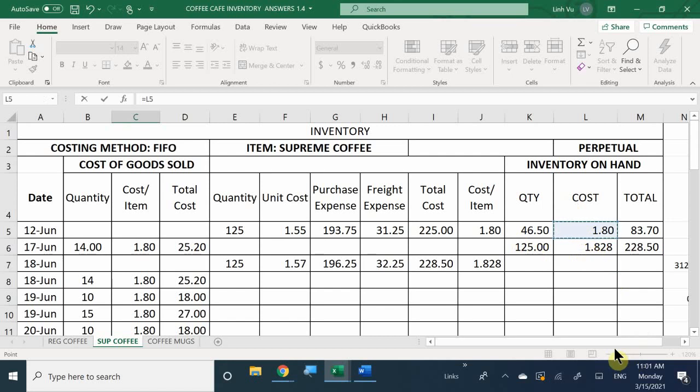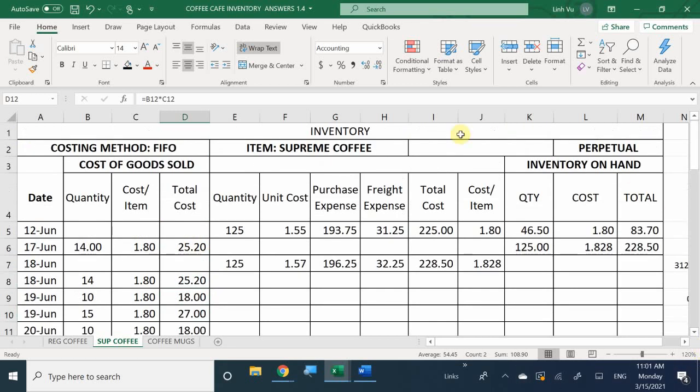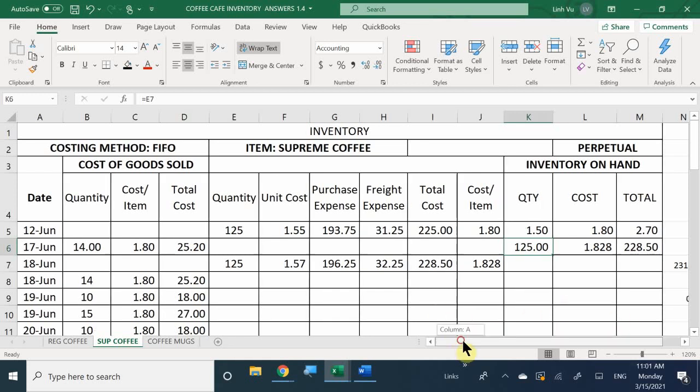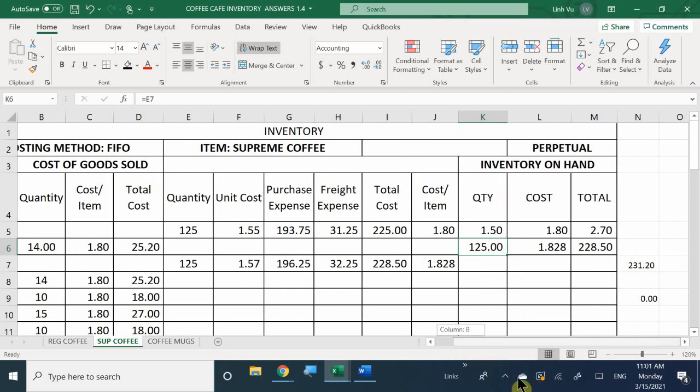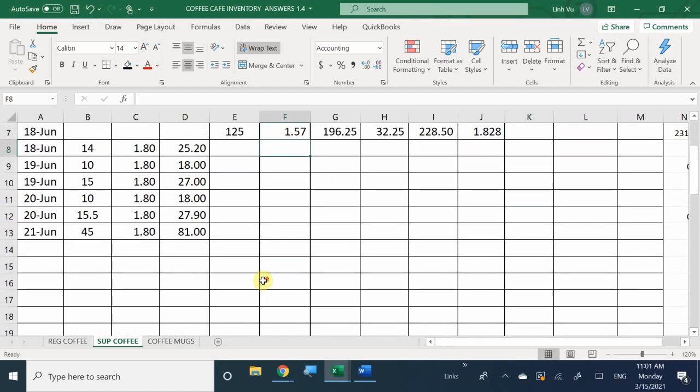Cost of 1.80. So what is going to be my total cost? $81 even. Now I'm going to update my inventory. I should have 1.5 left in my first batch, giving me a total of 231.20. Good.